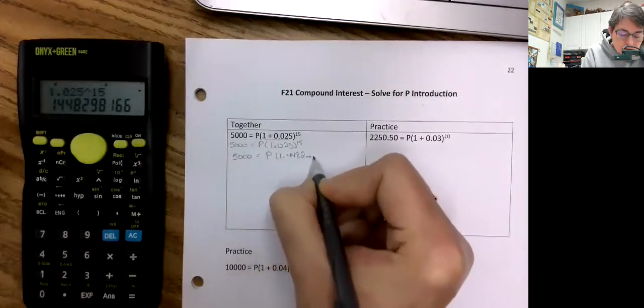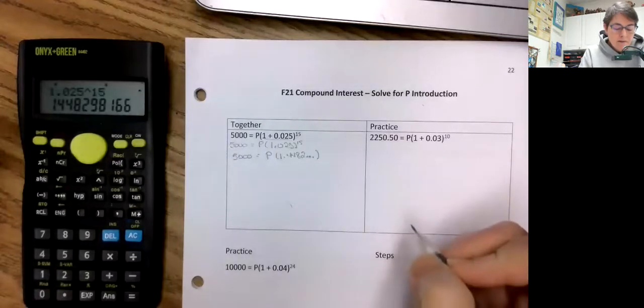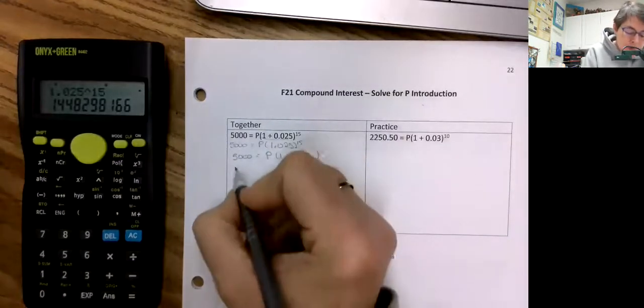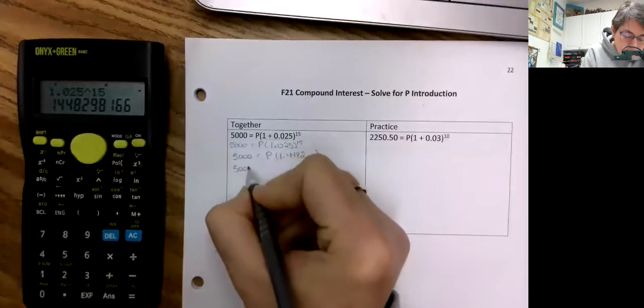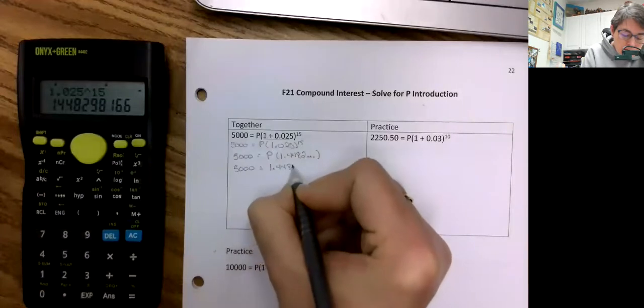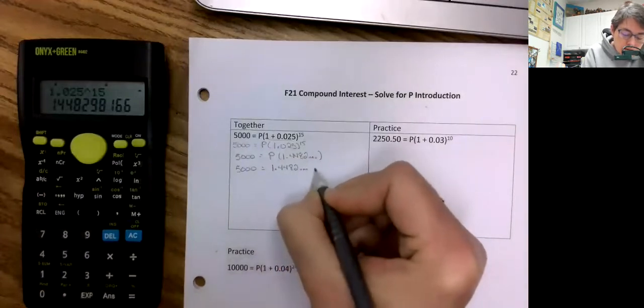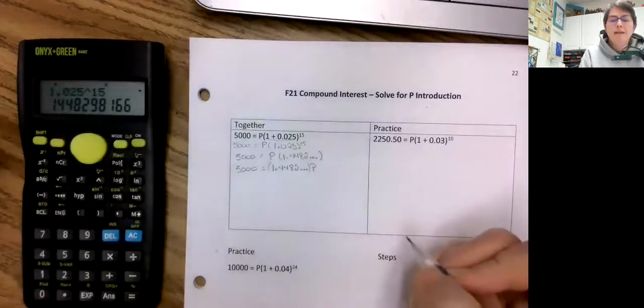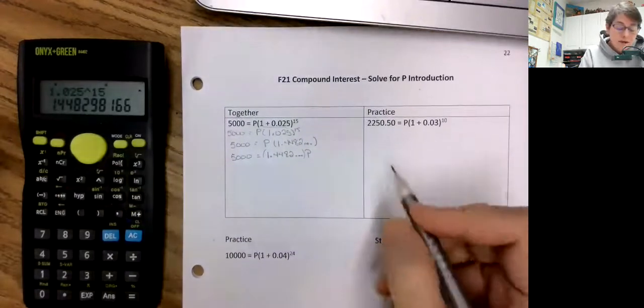Okay, that just looks strange, so I'm going to rewrite it. 1.4482. I think that looks kind of strange too, but that's okay.